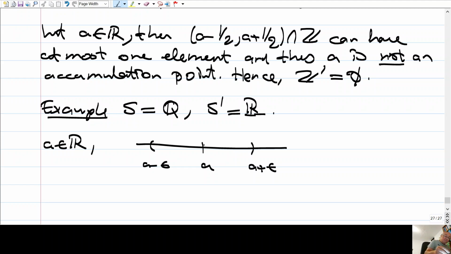Let's say R1, so R1 is larger than A and less than A plus epsilon.